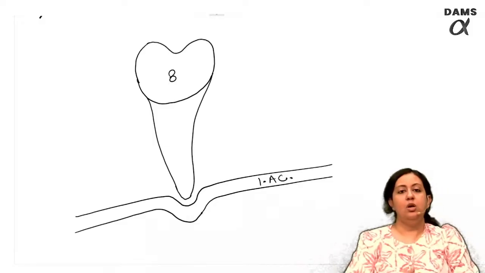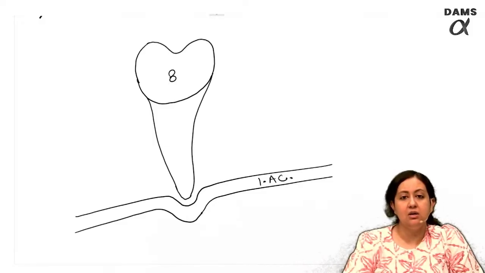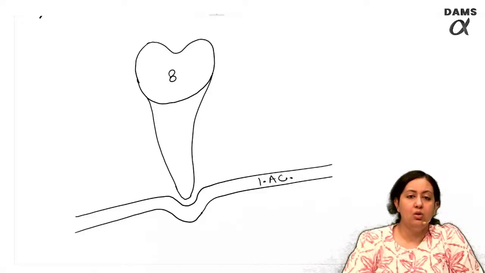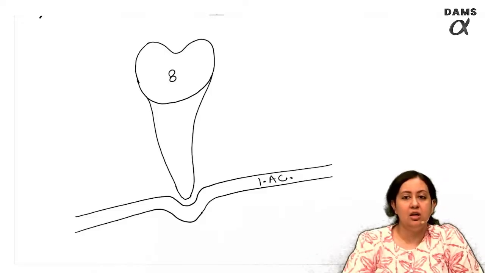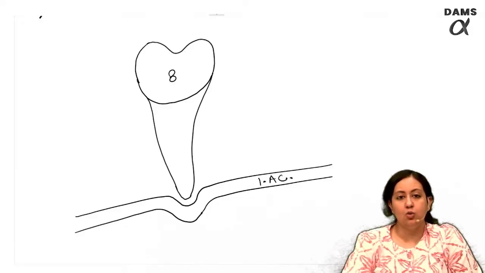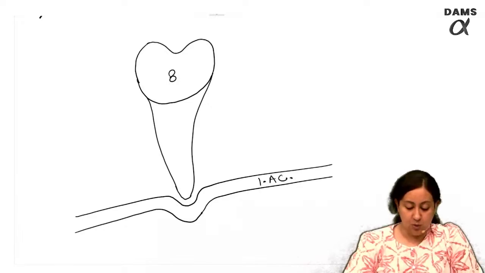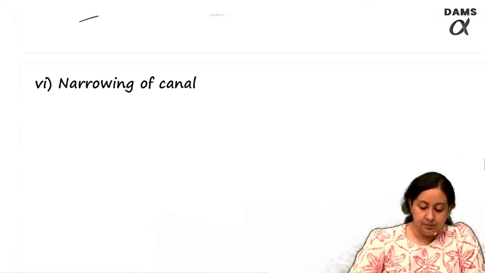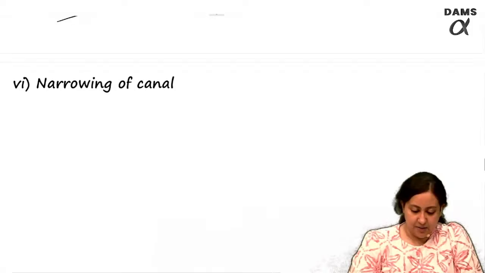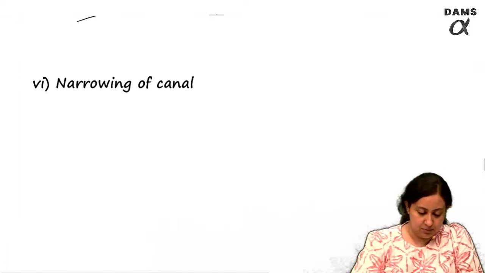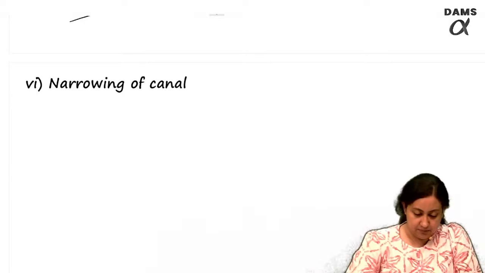This means when you trace the nerve canal, you will see a sudden dip or sudden deflection, or a sudden curvature when you trace both the superior and the inferior radiopaque border of the nerve canal. This means that the tooth is present in close proximity to the nerve canal. Coming to the next and the last criteria is narrowing of the canal.